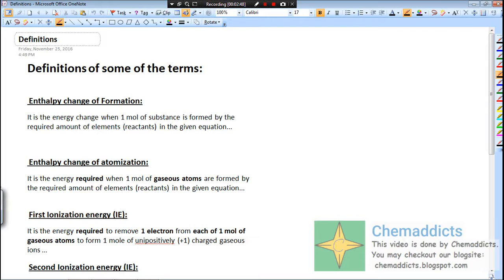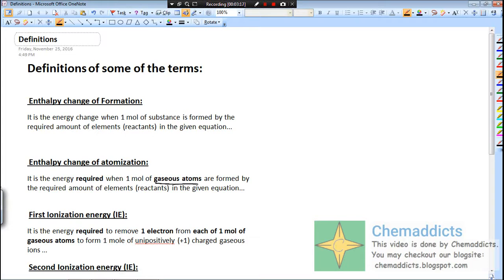The one condition for being atomized is that the atoms that will form are gaseous. So the phase of these atoms is gaseous. This is the important thing, and it is the energy required, since we are breaking the bond.